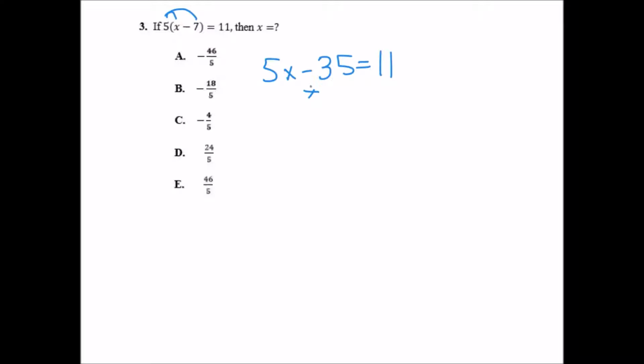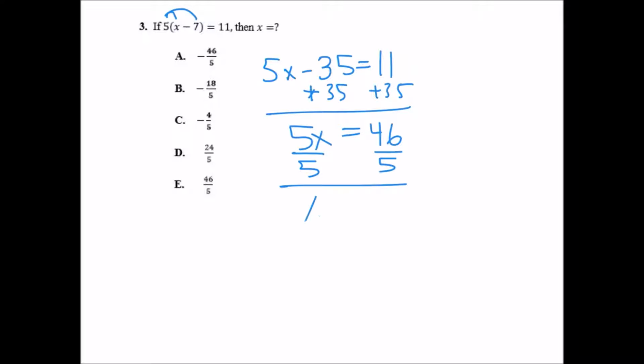I'm going to add 35 to both sides. 5x equals 46. Divide both sides by 5. x equals 9 1/5, or 46/5. Correct answer is E.